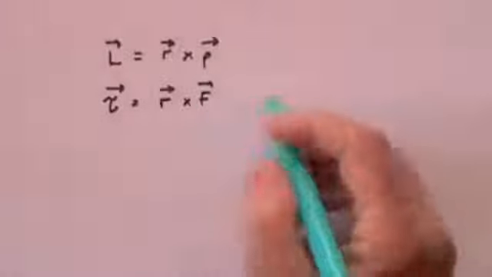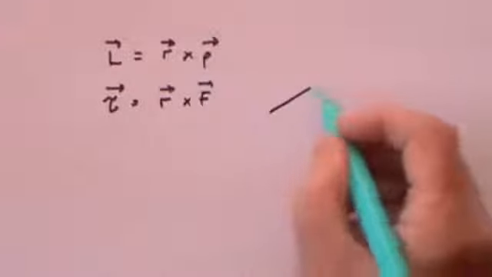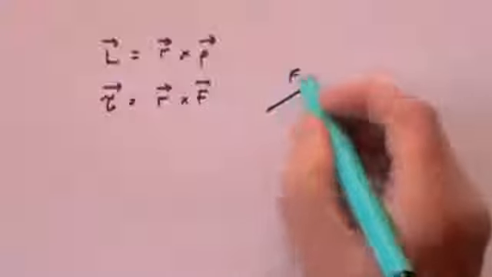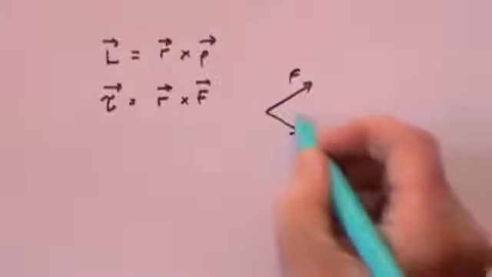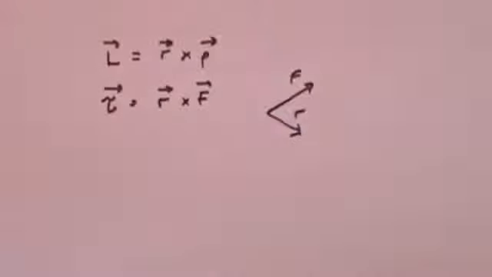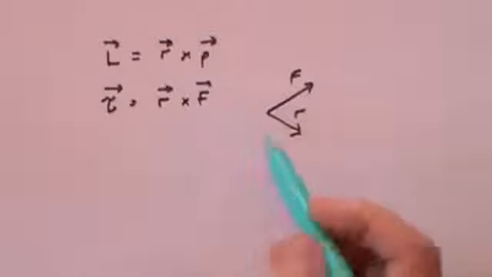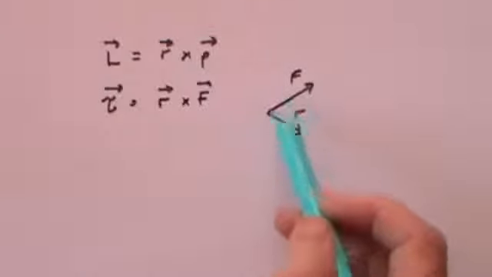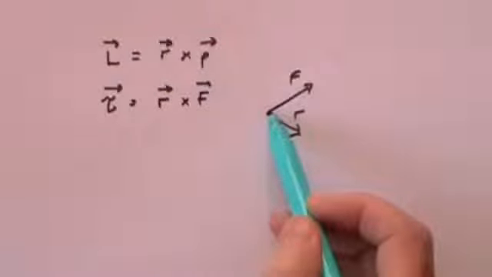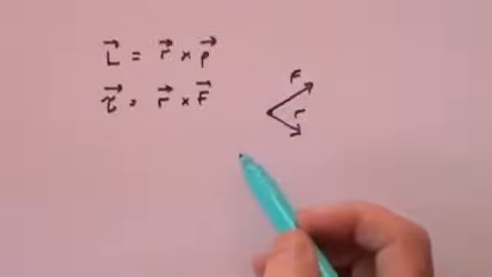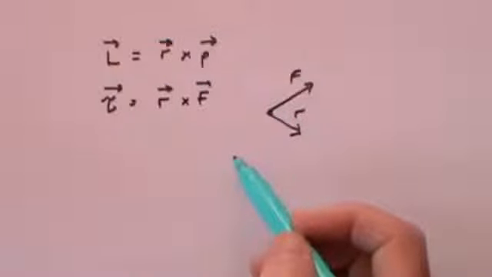The important point about this was that if you take, for example, the torque, if you have a force and you have the r vector, which is the distance from the axis, then the torque, because it's a cross product, will be perpendicular to the plane of these two vectors. So it will either come out of the paper or it will go into the paper. And I explained that you use the corkscrew rule.